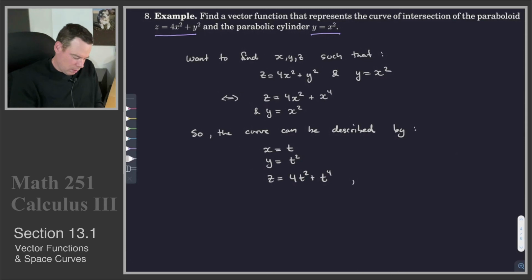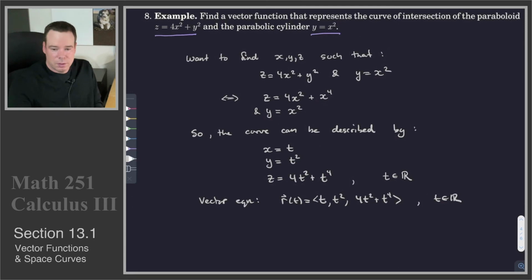And here, t can be any real number. In terms of a vector equation, those are our parametrized equations. So our vector equation for the curve, we get that r of t is equal to t, t squared, 4t squared plus t to the fourth, where t is any real number.